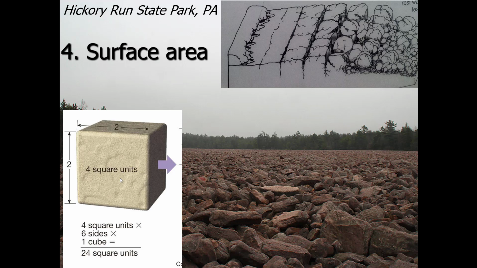So here, this is kind of just a generic diagram of a chunk of rock. I'm going to show you 3 diagrams, and they all are the same volume of rock, but the surface area is going to increase as they get broken into smaller and smaller chunks.